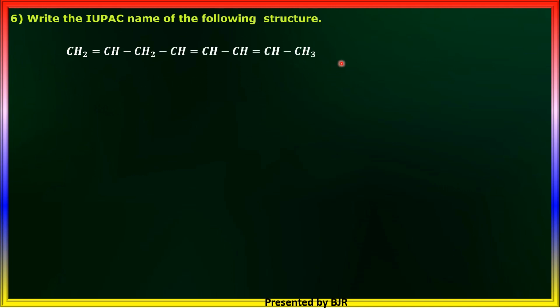Next problem: write the IUPAC name of the following structures. Here is the structure of an organic compound, and we have to give the IUPAC name for it. You can see in this structure only double bonds are there as substituents.